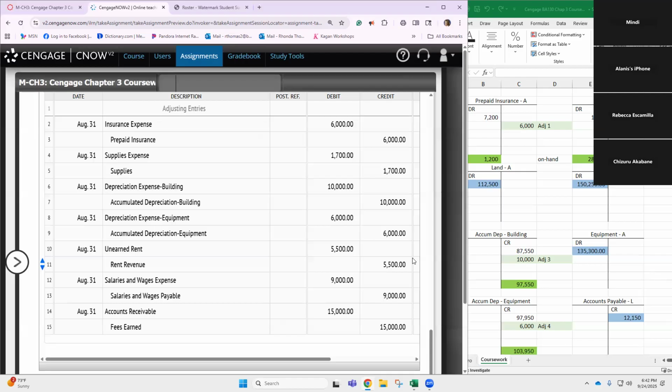This unearned rent is a liability. Time must have passed, and they told us how much rent was earned, or they told us how much the ending balance in unearned rent is. So sometimes you've got to find an amount, and sometimes they just give it to you. But this causes revenue to go up.